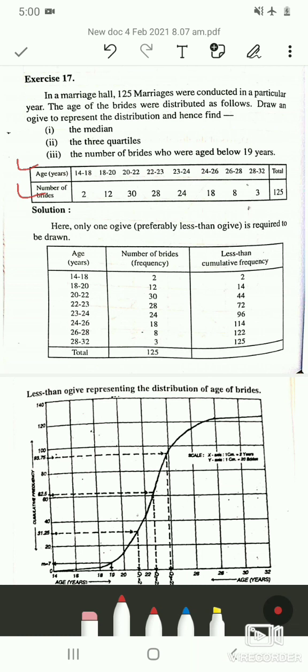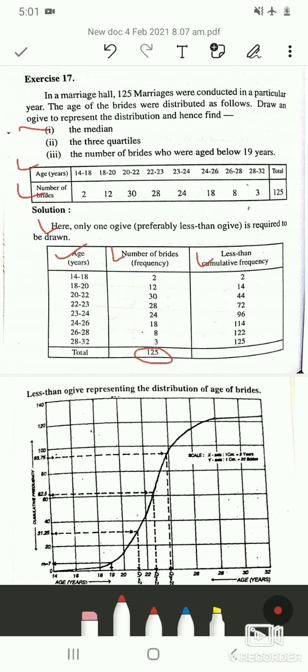So here they have given just ogive, so you can go for the less than ogive, which is the most preferred ogive. Age is given in terms of years, and the number of brides, that is the frequency, is given. We can find the less than cumulative frequency.